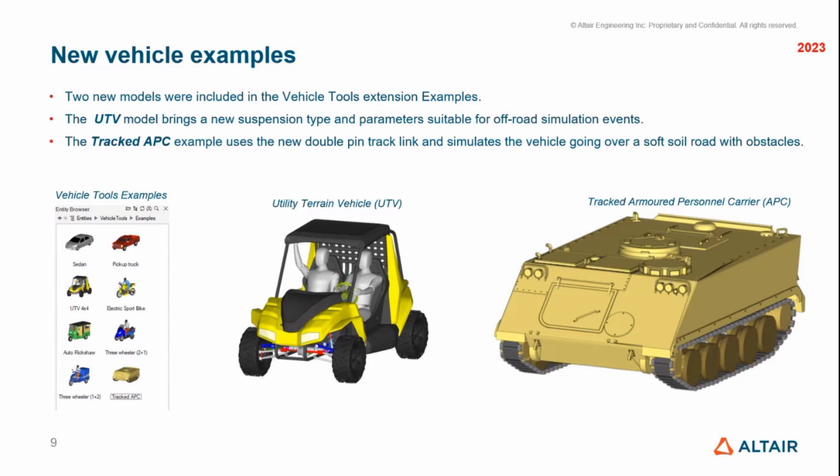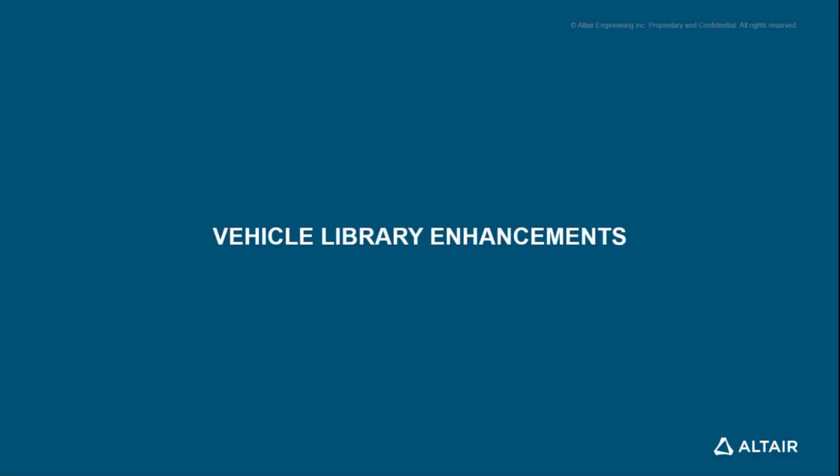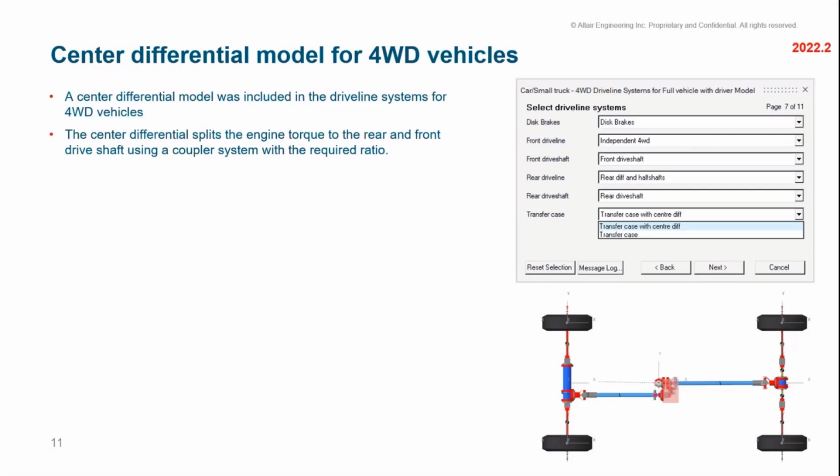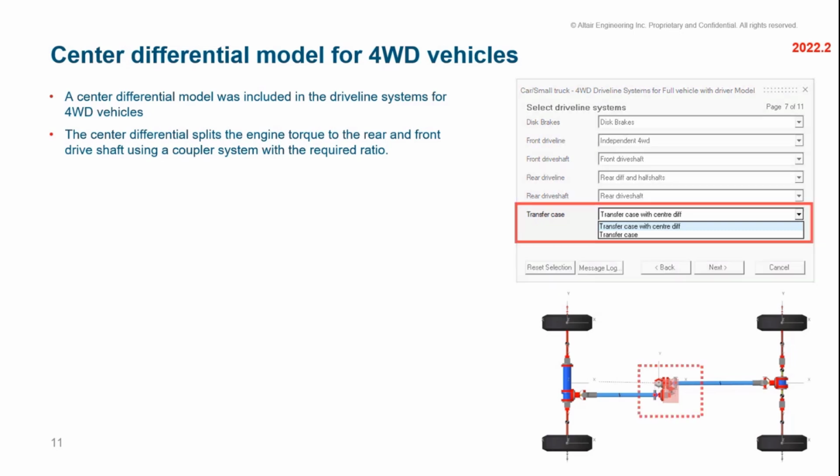All right, so talking about the enhancements that we have done for the library of models itself. As I mentioned to you, you can go in the assembly wizard and select different configurations to build your full vehicle, right? One of these selections consists of the definition of the differential for four-wheel drive vehicles. So we have included in 2022.2 a new center differential model that can be accessed here on the driveline system.